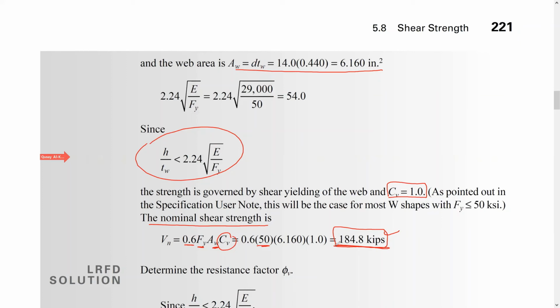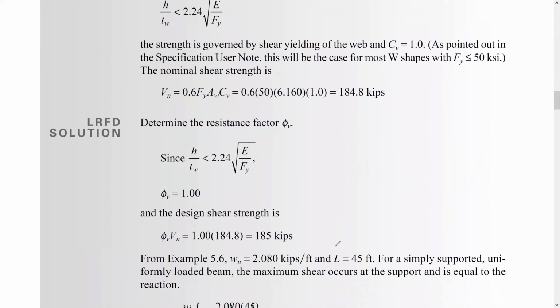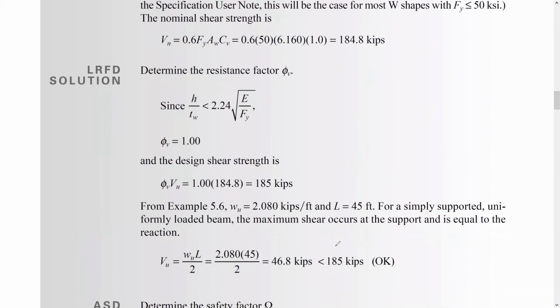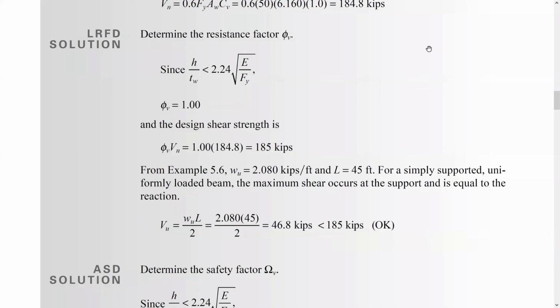Let's go down here. For the LRFD method, as I told you, based on this condition, phi sub v is equal to 1, so it's going to be 1 times the value we just got, approximately 185 kips.